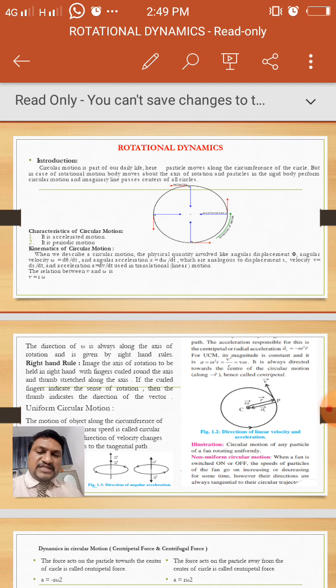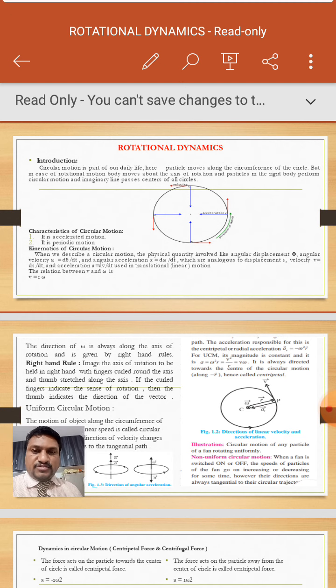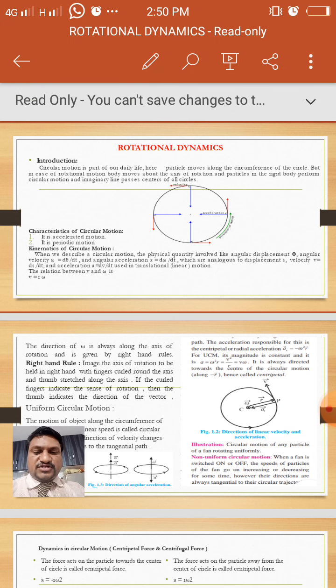The basis of this classification is that when a particle performs circular motion, the direction of velocity changes instantly, but the magnitude of velocity, that means the linear speed, may or may not be constant.